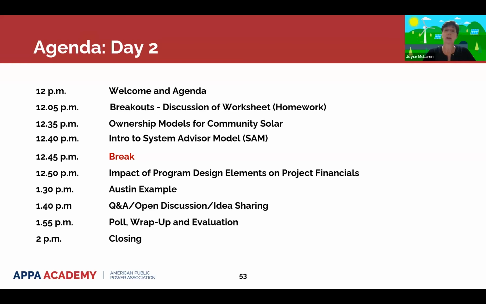After that, we'll talk a little bit about the different ownership models for projects, and then dive right into how to calculate financials for your project concepts. My colleague, Simon Sandler, is going to be presenting the impact of each of the program design elements on financials using a financial modeling tool developed at the National Renewable Energy Lab called the System Advisor Model.